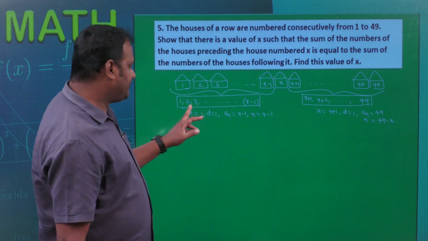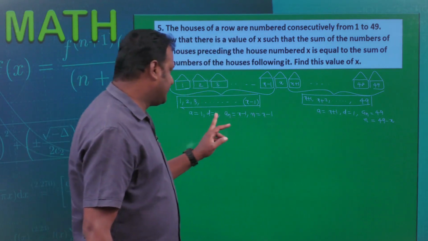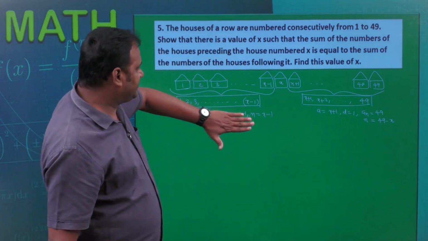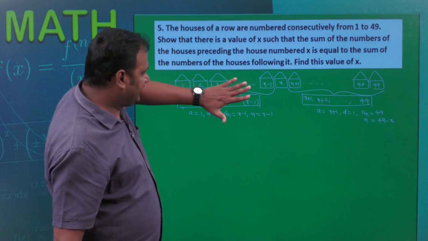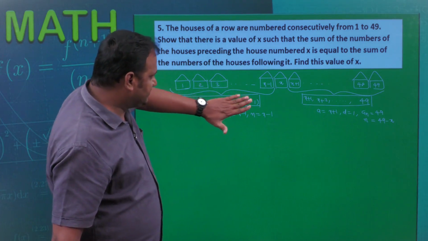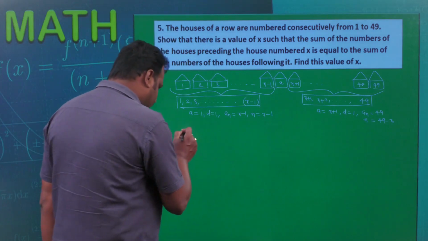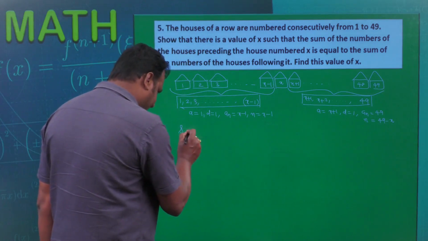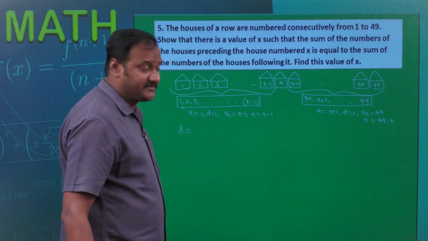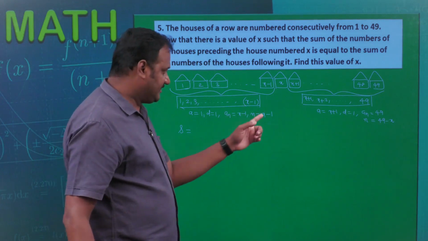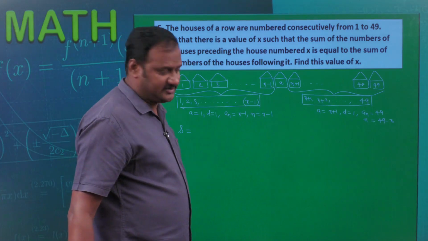So with the help of this information and this information of both arithmetic progressions, according to this, the sum of these terms is equal to sum of these terms. Okay. So I am going to use the small letter s. Sum of how many number of terms? x minus 1 number of terms, because n is equal to x minus 1.